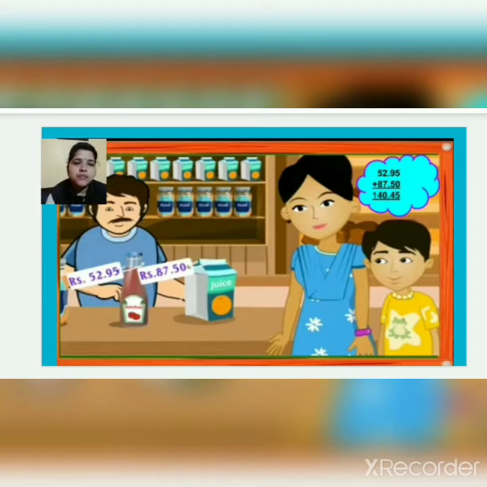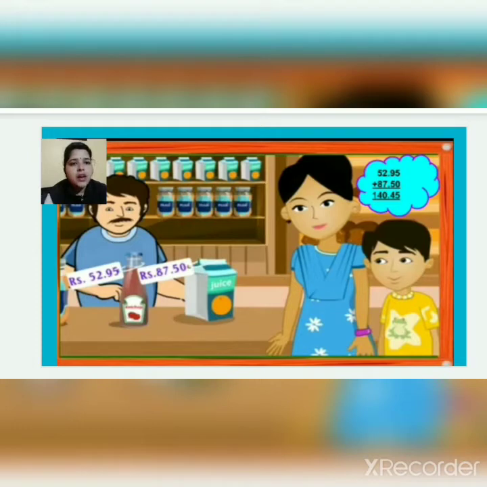What is the amount for the bottle of sauce? The amount for the sauce bottle is rupees 52.95, which is in the form of decimals.